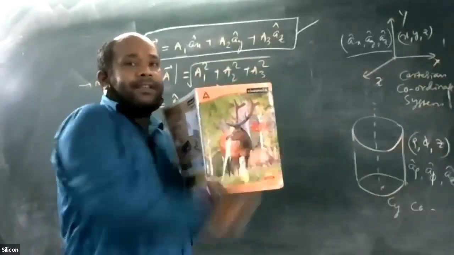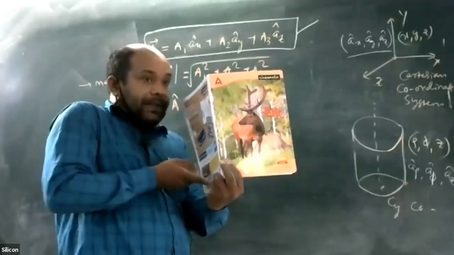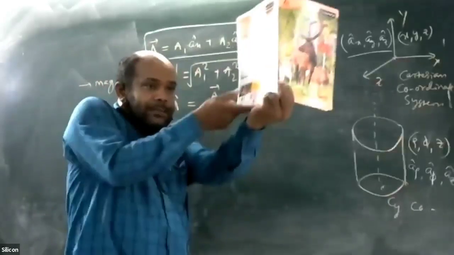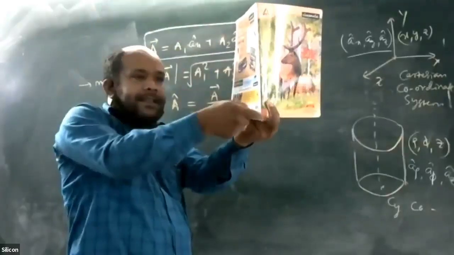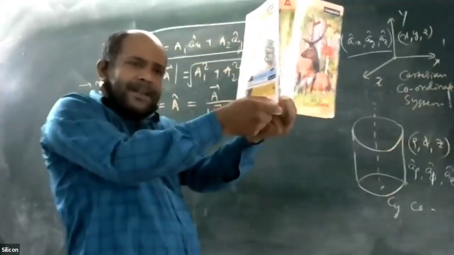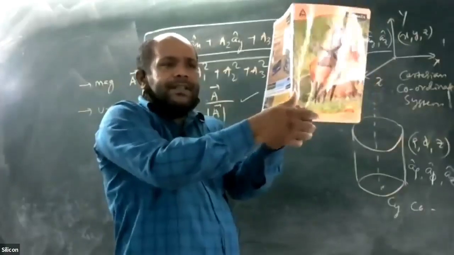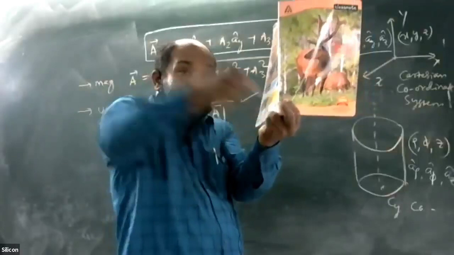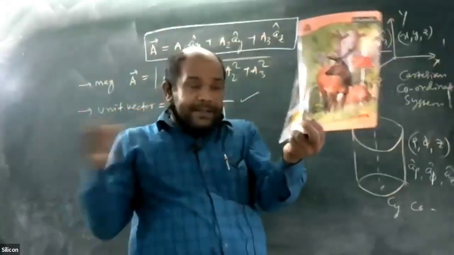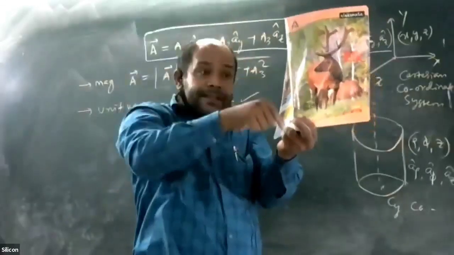This is the positive x-axis, this is the positive y-axis, and this is the positive z-axis. This is a reference point, we can say this is the origin. This is the negative y-axis, this is the negative x-axis, and this is the negative z-axis.